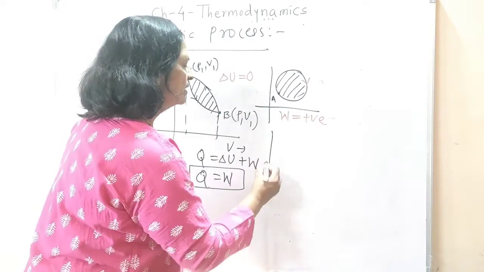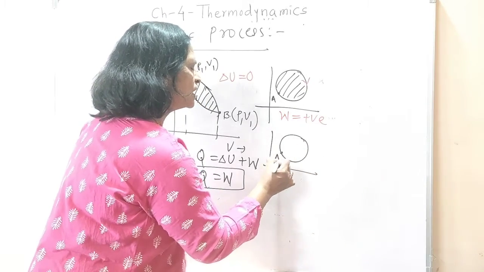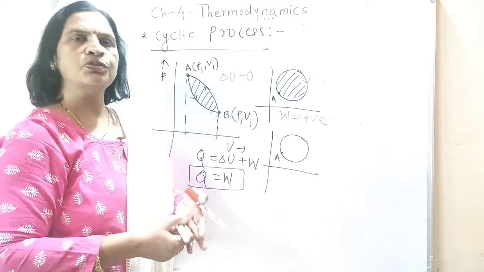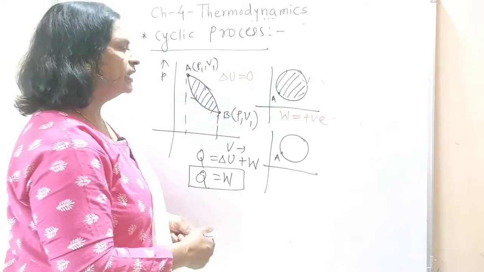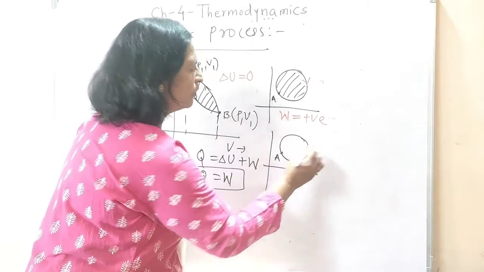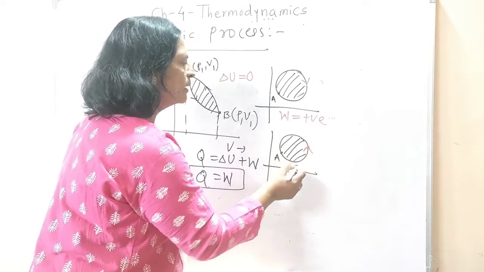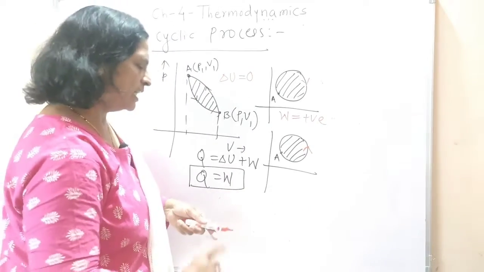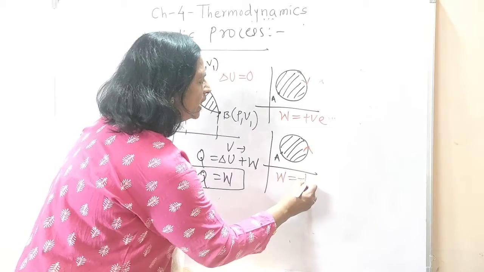And again the same circle is there. The system starts from point A and returns again to point A, but it is in anti-clockwise direction. Though the value of work done is the same, work done is negative.